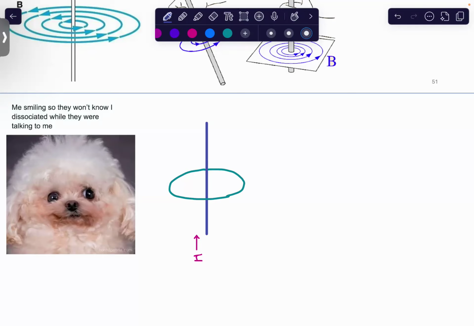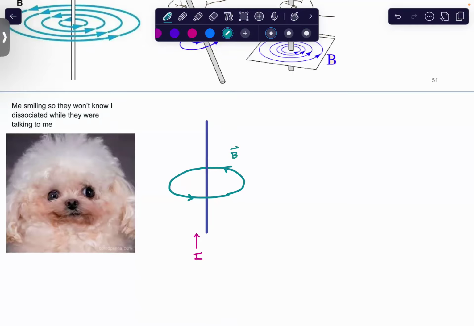This is my Amperian surface, okay? My Amperian loop. Now I know that if I put directional arrows on here from the right hand rule, this is in fact my magnetic field.